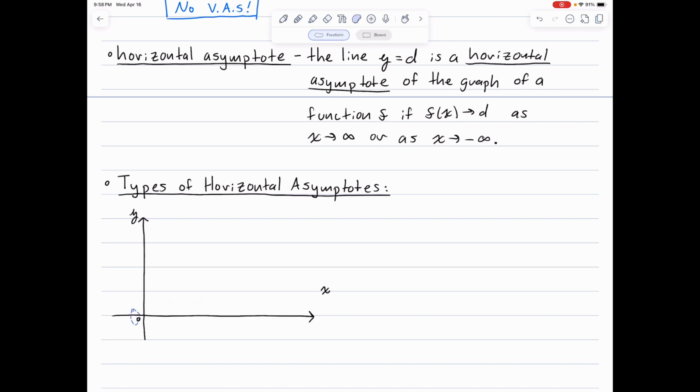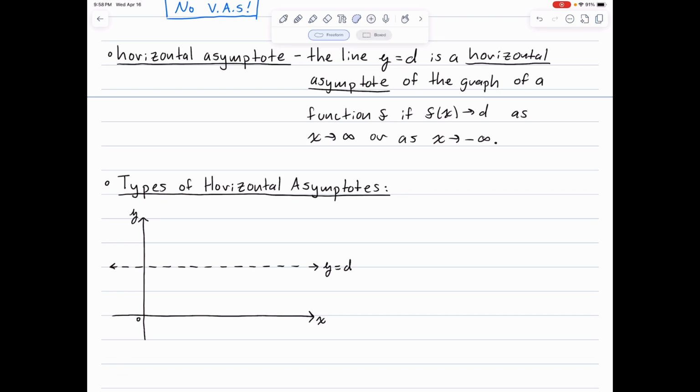Whoops. And grab the x. That way, when I draw my horizontal asymptote, there'll be a lot more room for us to see it. Okay. So here's my line, y equals d.